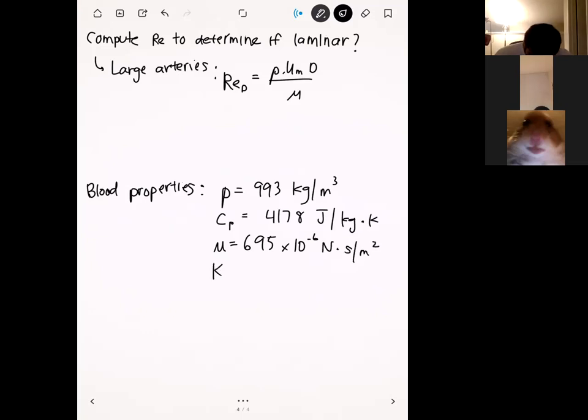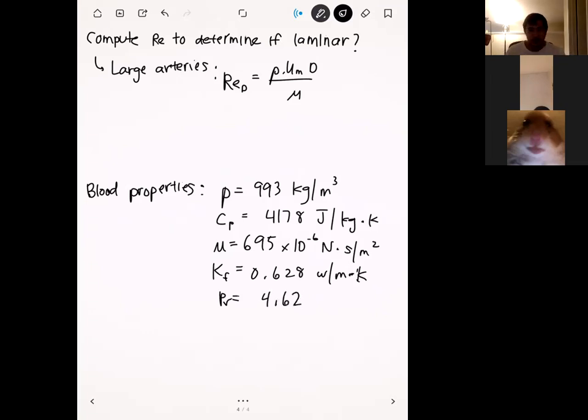Thermal conductivity, we'll say it's 0.628 watts per meter K. And then the Prandtl number is 4.62.